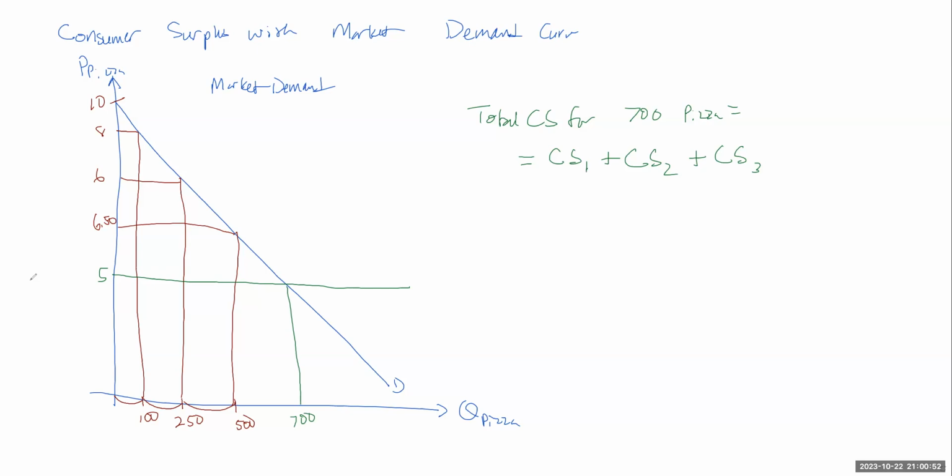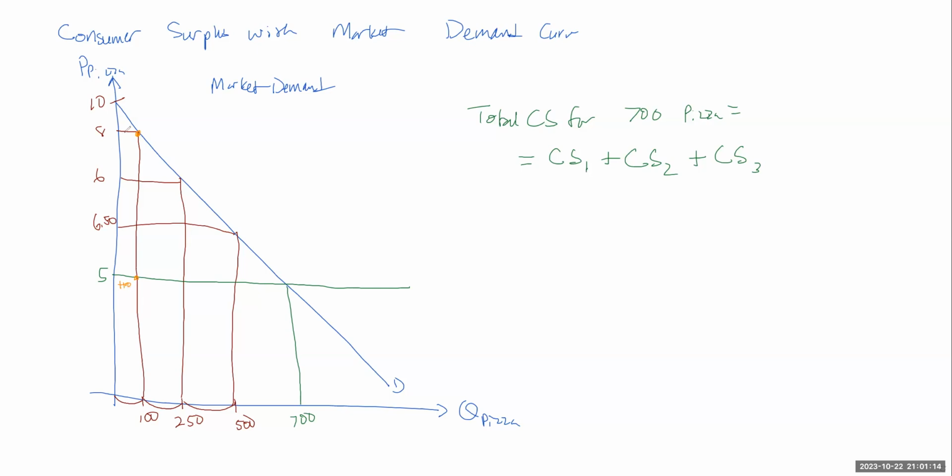For the first group, they bought 100 slices of pizza. They were willing to pay 8, but they ended up paying 5.